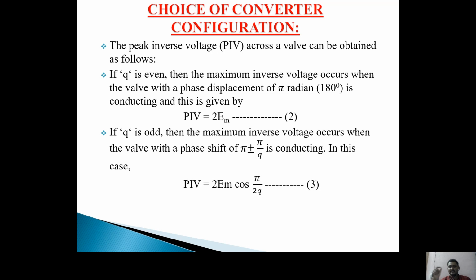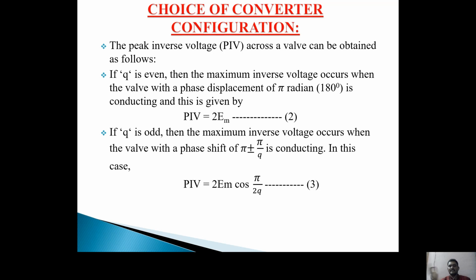If Q is even, that is 2, 4, 6, then the maximum inverse voltage occurs when the valve with a phase displacement of π radians, that is 180 degrees, is conducting, and this is given by PIV = 2Em. This is treated as the second equation.